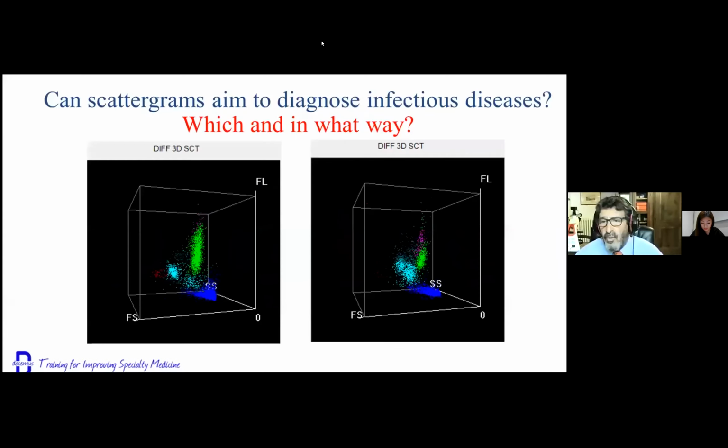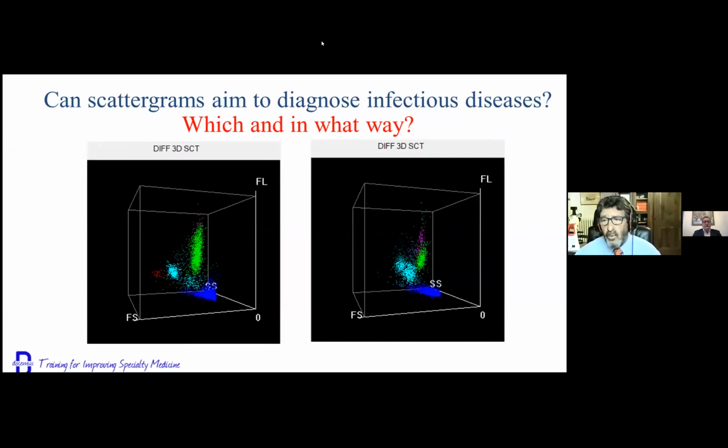Morphological changes that have been observed in the instrumental scattergrams are often caused by predictable results of relationships between the infective agent and defensive cells in peripheral blood.